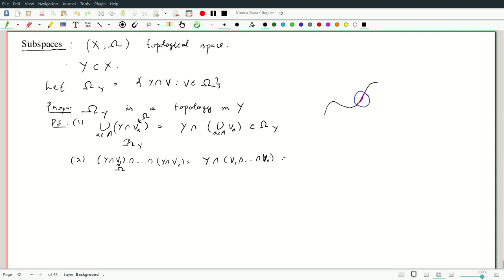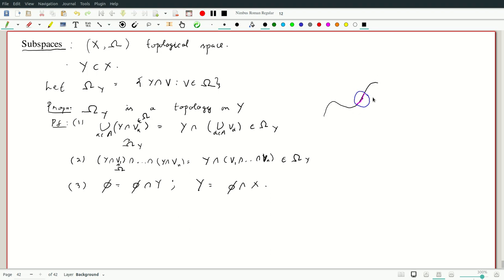So this is also in omega_Y. And the third property is that the empty set is phi intersection Y, and Y itself is Y intersection the whole space X. So these belong to the open sets.